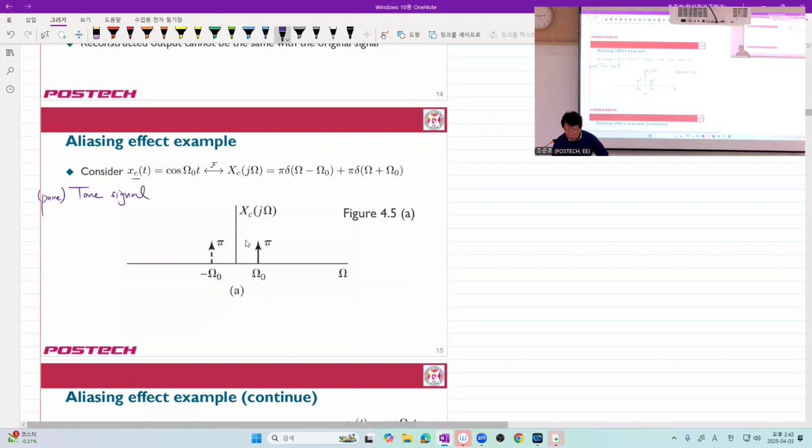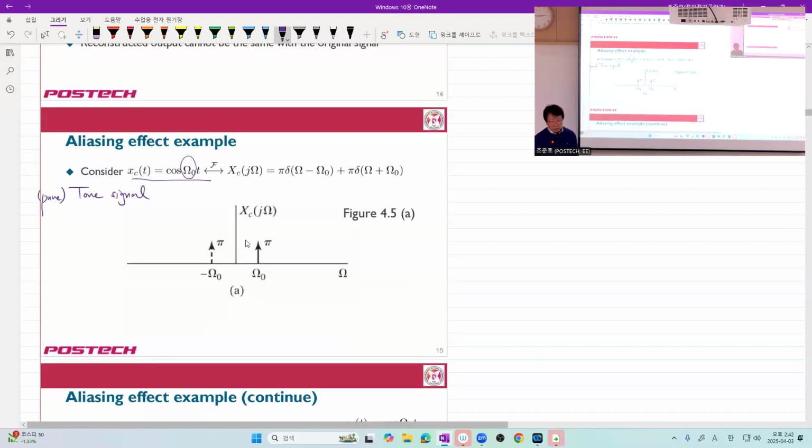So here goes a pure tone, and you have radian frequency omega sub 0. So in the frequency domain, you have two Dirac deltas located at plus and minus capital omega sub 0.